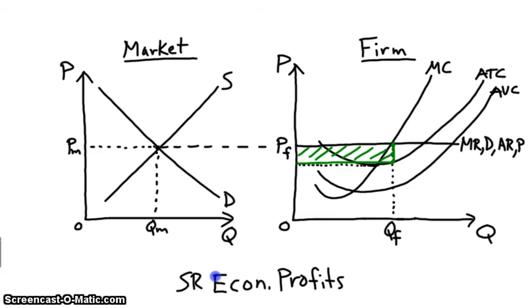I'm going to make a little reference point here, and I'm going to engineer this backwards. That's where I want the price from the market to create our new demand curve at the market price on the firm's side.